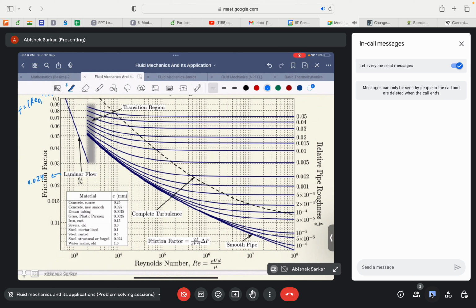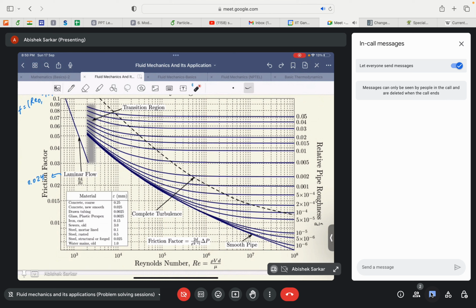If we know the value of surface roughness, you can clearly see that as the Reynolds number increases, say not for the lower values of surface roughness but for the higher values of surface roughness, say from 0.001, this region, okay.